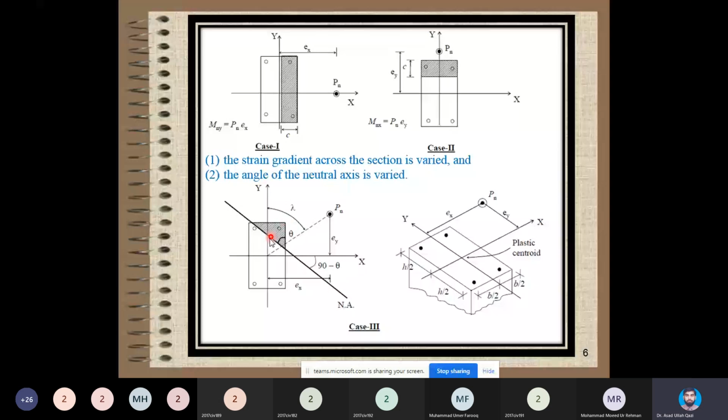Now C is not as simple as in case 1 and case 2, where it was the distance from the highly compressed edge.